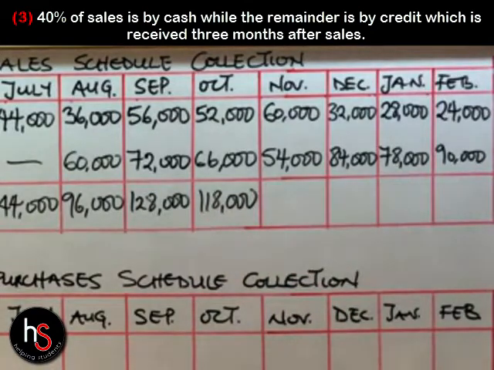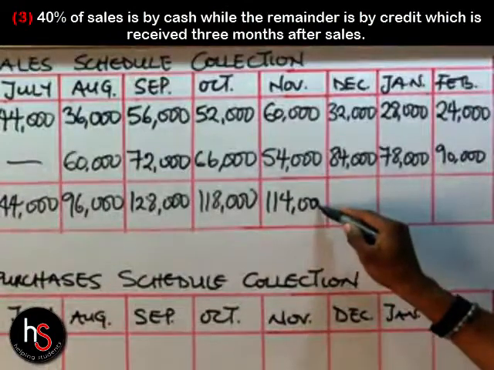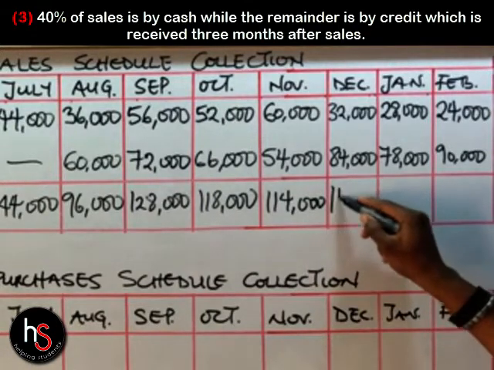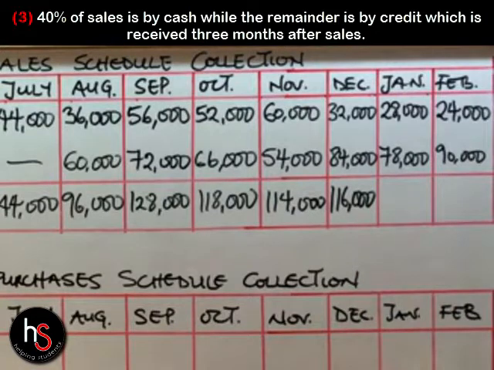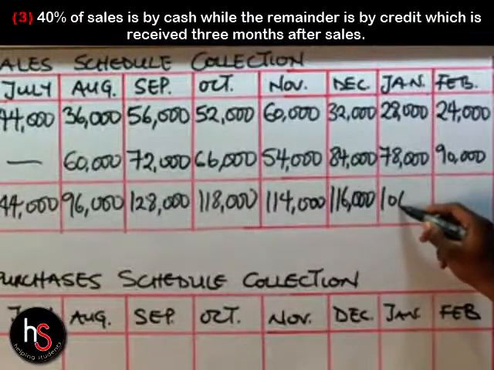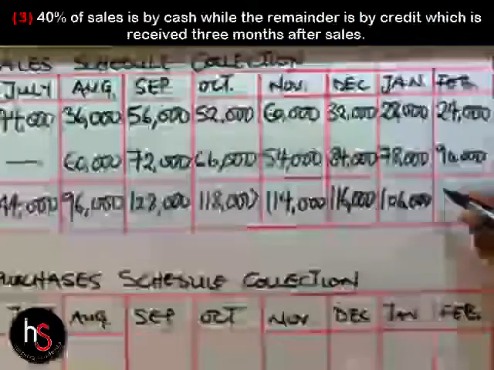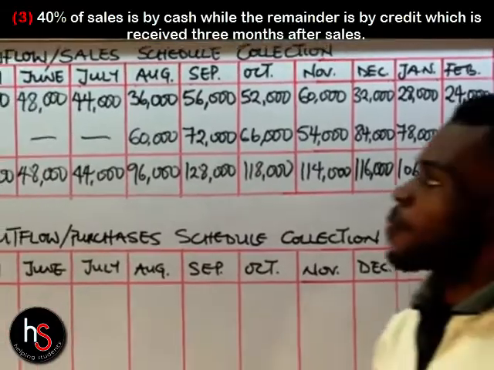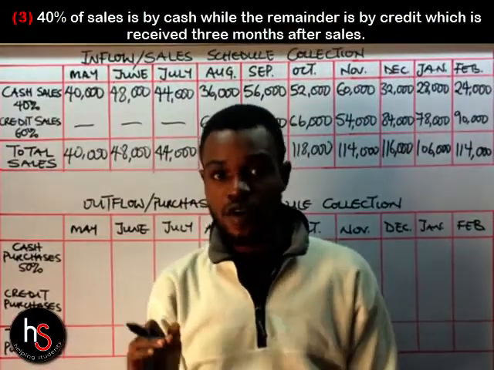In November, we have 114,000. In December, we have 116,000. In January, we have 106,000. And in February, we have 114,000. So, we are done with the inflow sales schedule collection, all right?